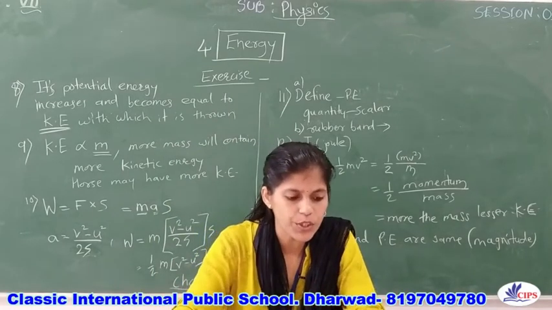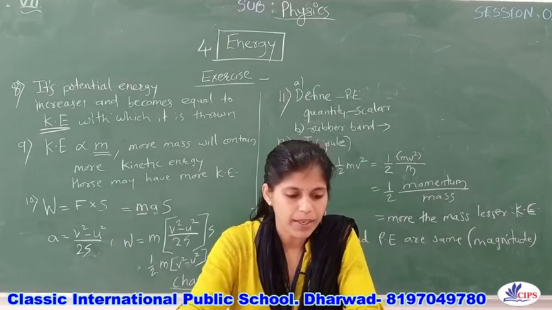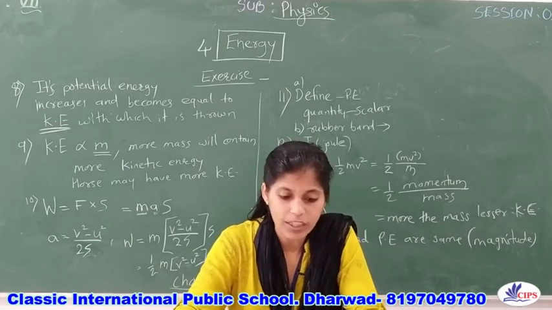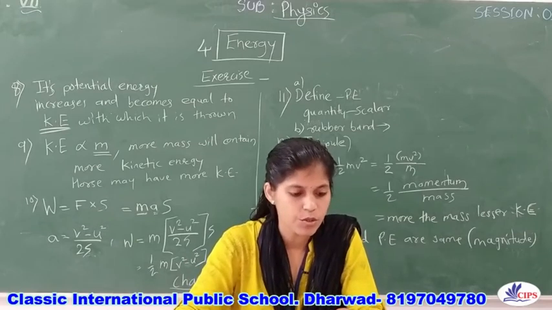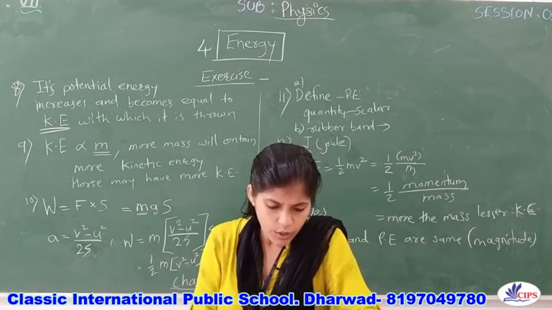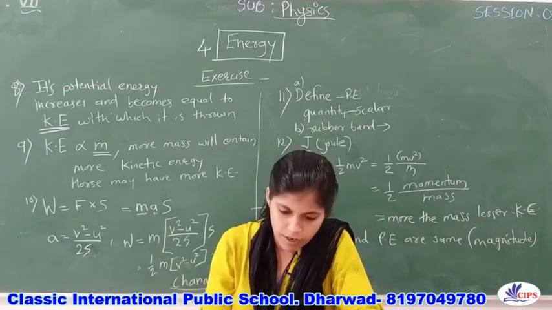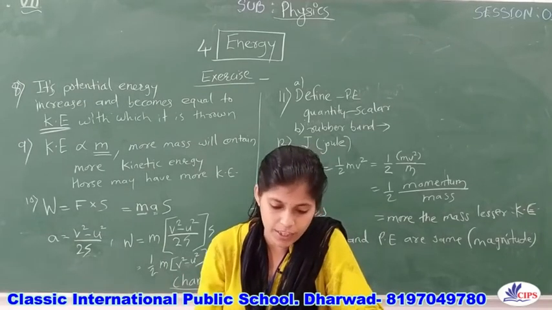And the last one, the 15th one, children. Define potential energy. You need to explain the definition again, one more time. Then they ask: write an expression for the potential energy of an object of mass m raised through a height h. You know the definition, you have to write it yourself. Now they ask you to write the expression for potential energy.